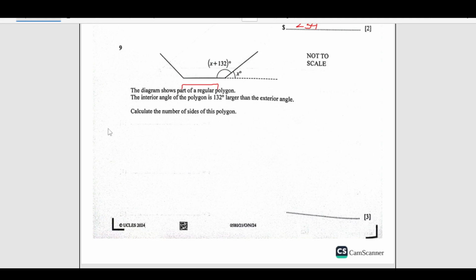Now if you see, this is a straight line. So the sum of the angles will be 180, right? So now x plus x is 2x, 180 minus 132, which is 48. So x will be 24. Now we got the value of x as 24.